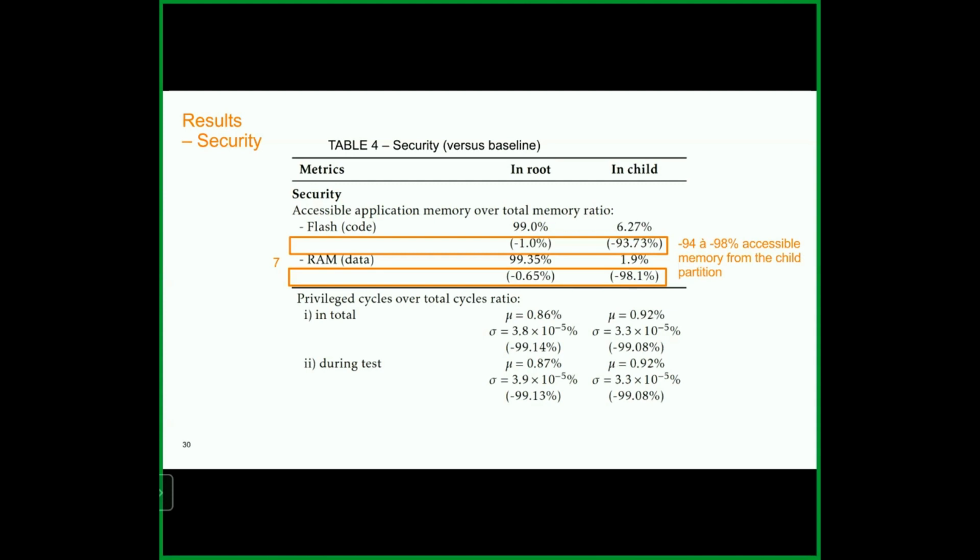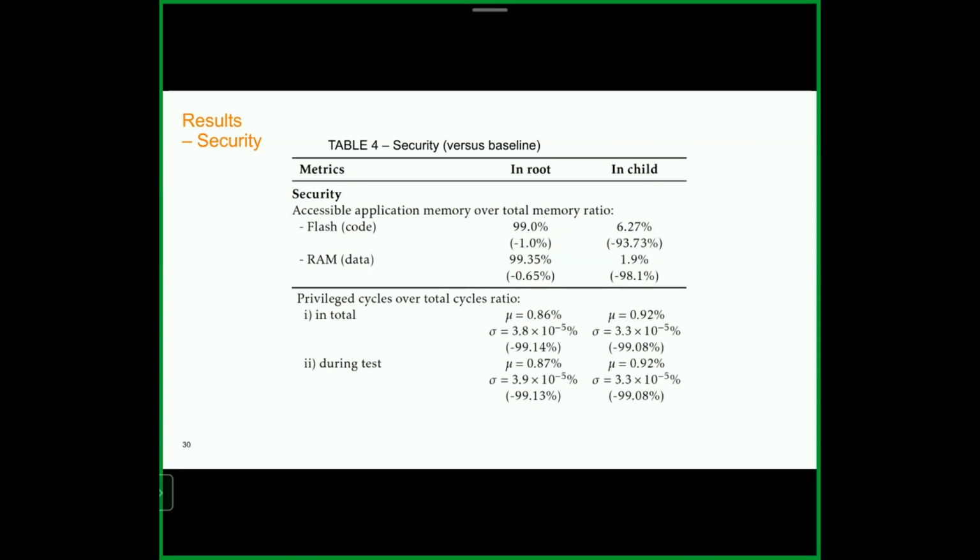The 1% that is remaining is Pip that is executing, that can't be removed. And about the privilege cycles, it shows actually that everything is rejected in user space, because this 1% left is again Pip-MPU that is executing. So we have a very small attack surface, which means better security.